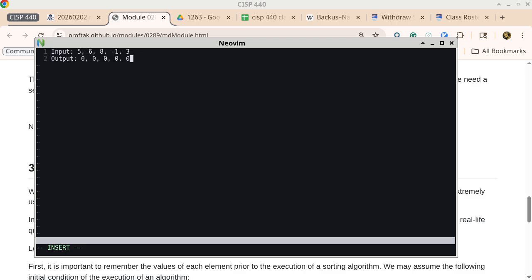In other words, for every element of the output, you have to find something to match it from the input.